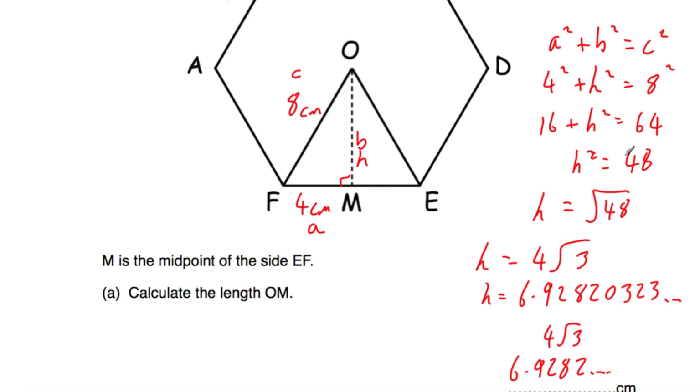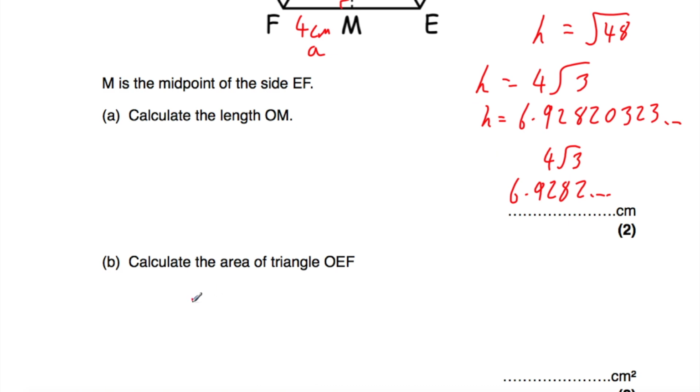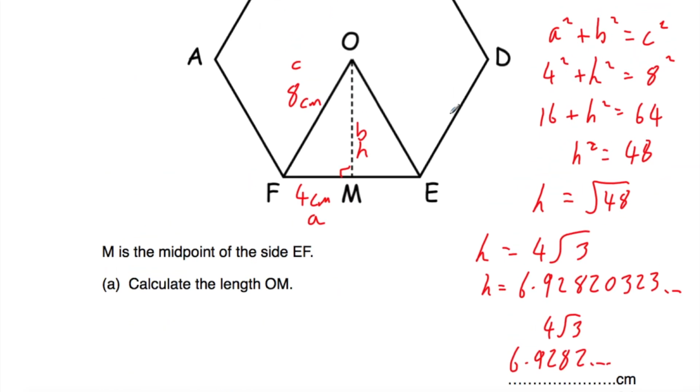So remember, it's half the base times the height. Let's write that down. The area will be equal to half the base times the height. So this whole equilateral triangle, the base would be, well, that's another 4 centimeters. So the whole base is 8 centimeters, which we were told in the question, from there to there.